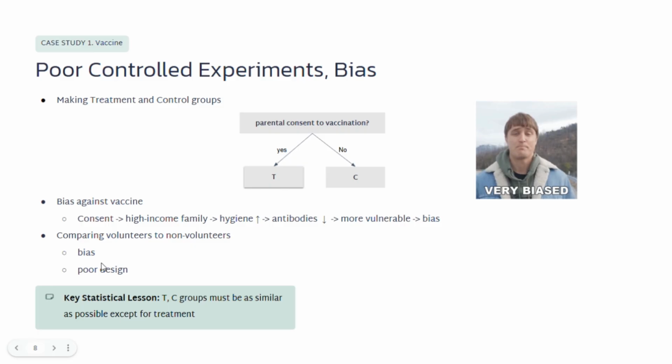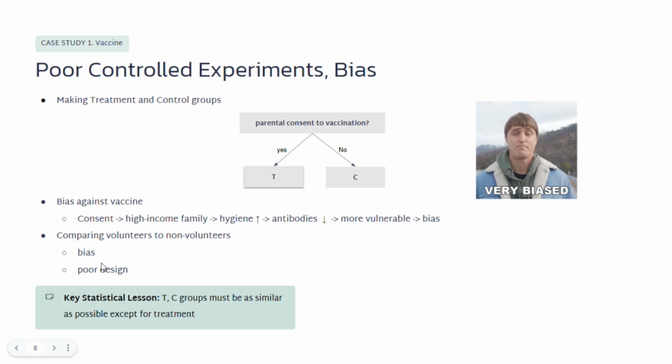The key statistical lesson is that treatment and control groups must be as similar as possible, except only for the treatment, the factor that you are focusing on, which in this case is the response to the vaccine. Otherwise, if other factors are involved, then you definitely have a bias, as you see in this case.